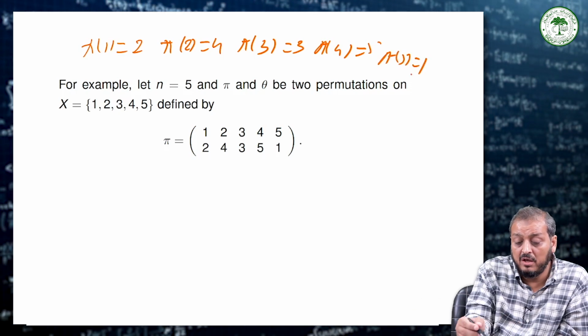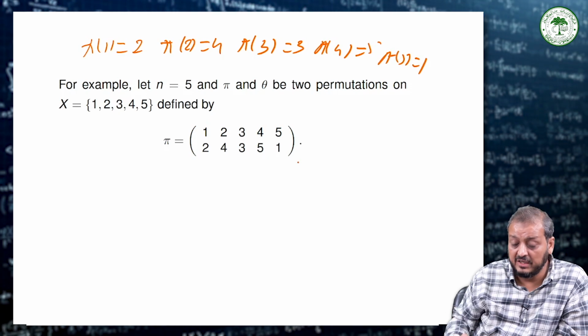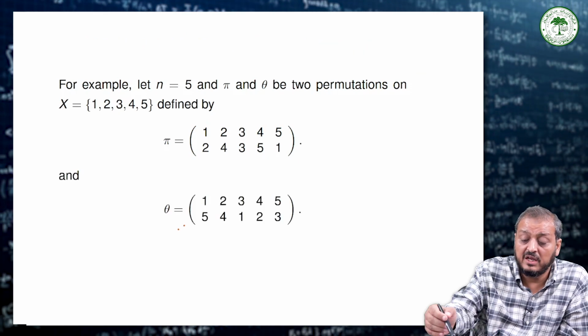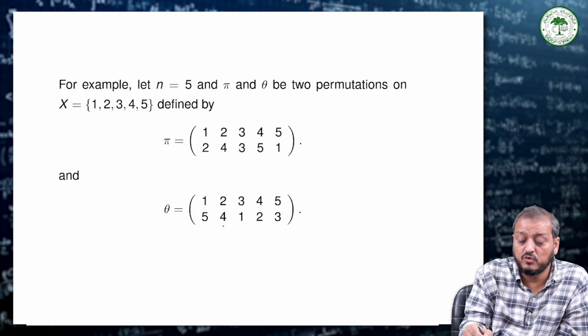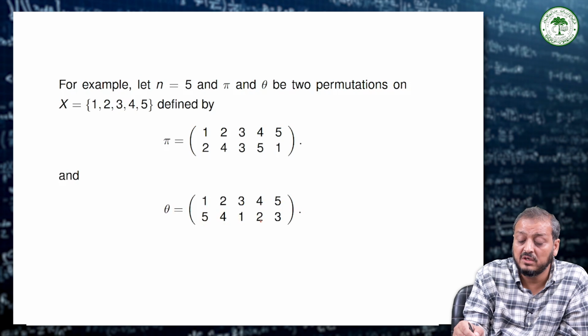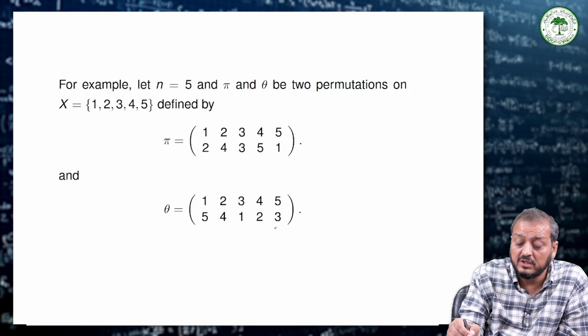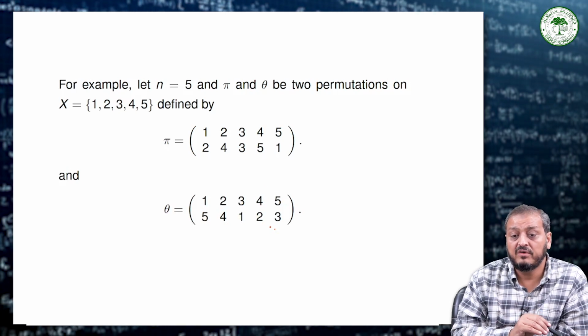Similarly we write theta: theta 1 is 5, theta 2 is 4, theta 3 is 1, theta 4 is 2, and theta 5 is 3.